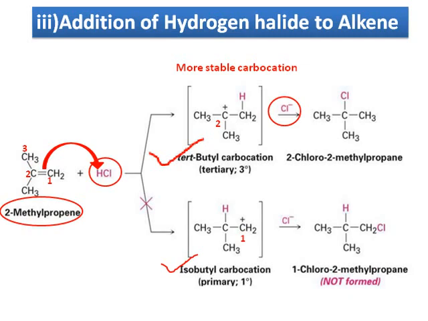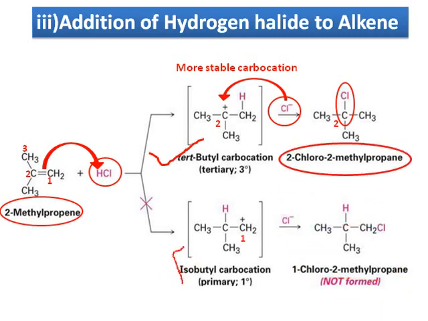Now let's see what happens when chloride is added. Positive charge is present in the tertiary carbocation, at carbon 2, so chloride will be attracted to carbon 2, a carbon-chlorine bond is formed at carbon 2, and we get the product 2-chloro-2-methylpropane.